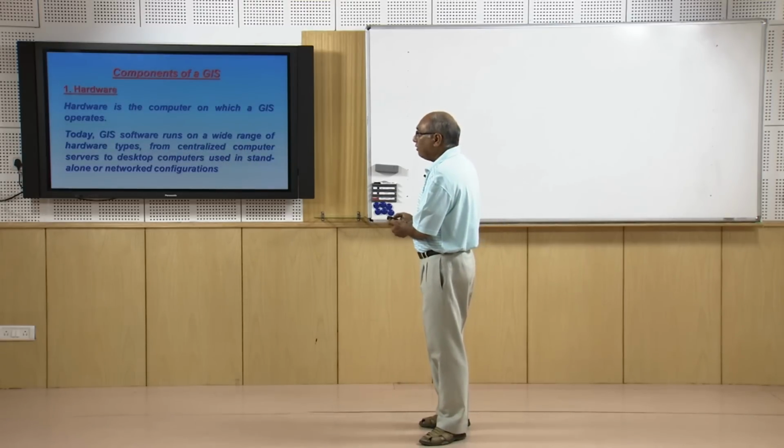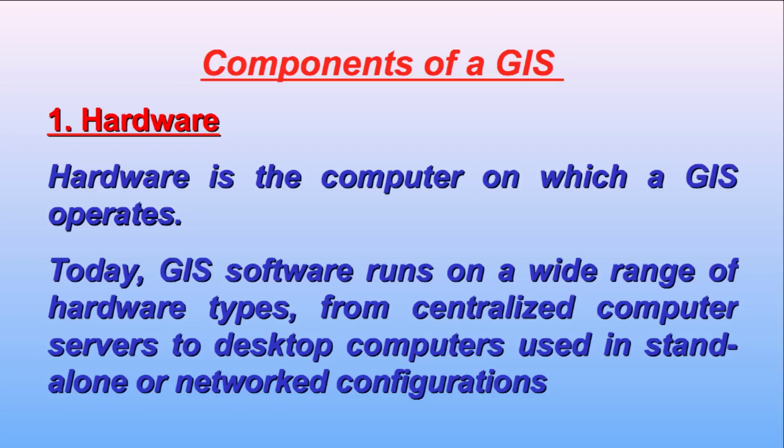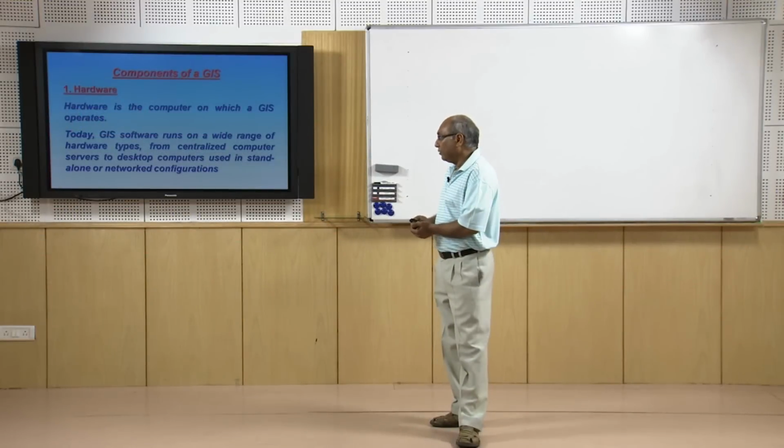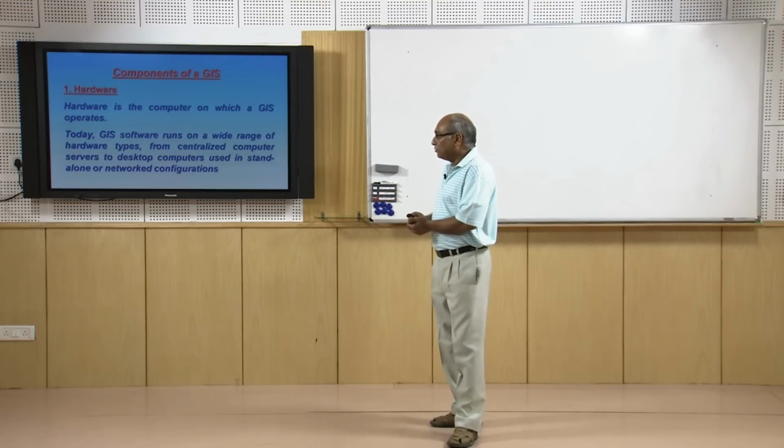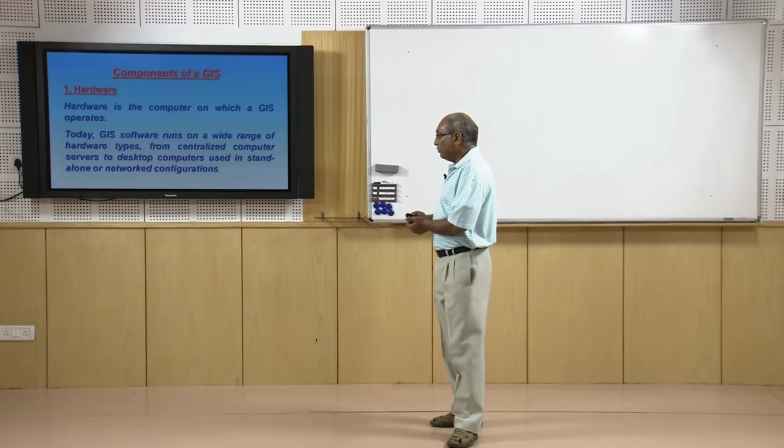Hardware runs on a wide range of computers, from centralized computers on servers to desktop computers, and standalone and network configurations. All kinds of combinations are available now. So hardware is, as per the definition of GIS, the first essential component.